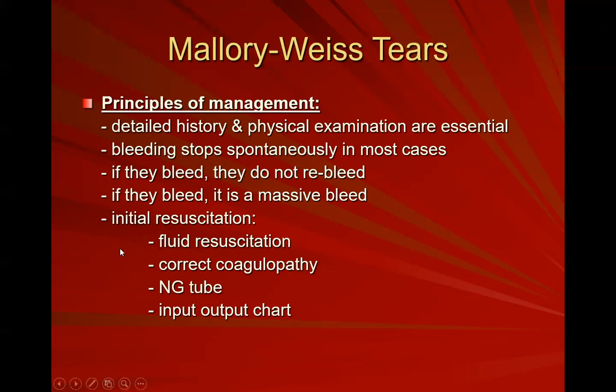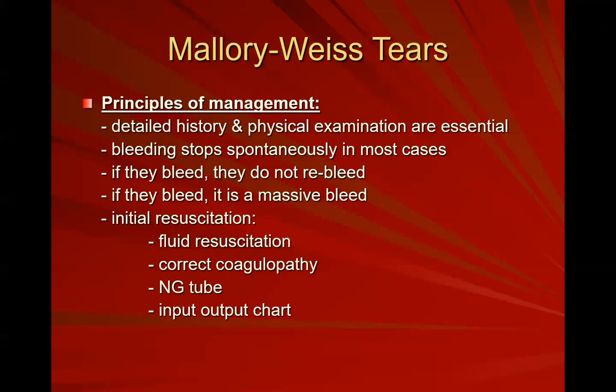The initial management would be fluid resuscitation, and if there is any coagulopathy, we need to correct that. The NG tube for aspiration and to keep the patient NPO. And we have to measure the outputs, which is through what? Foley's catheter. Okay, input and output chart.